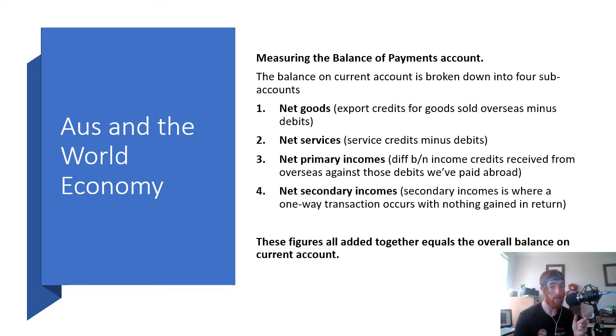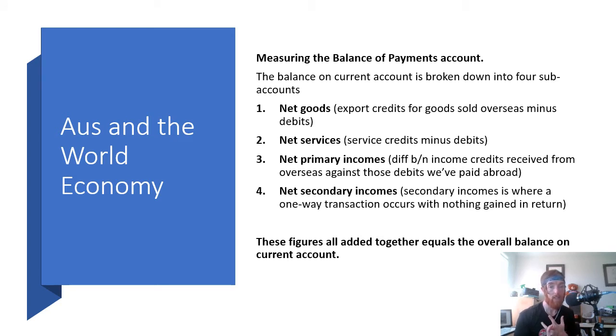So always remember that. Net primary incomes is incomes of people working overseas that come back into Australia versus the incomes of people who work in Australia that send that income overseas, as well as our interest repayments on foreign debt. And that last point is a massively important factor.